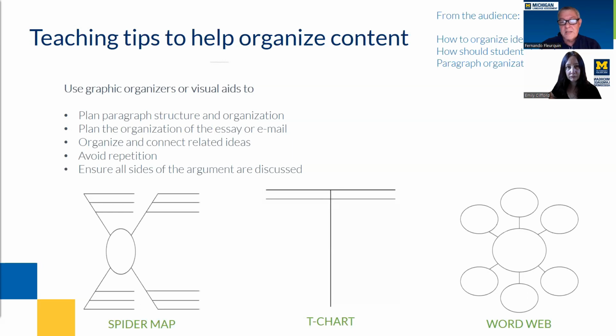You can choose the better graphic organizer for those purposes. But for classroom activities, this visualizing helps a lot in terms of helping them come up with ideas and think about how much information they need in order to develop and support ideas in an accurate and appropriate way.